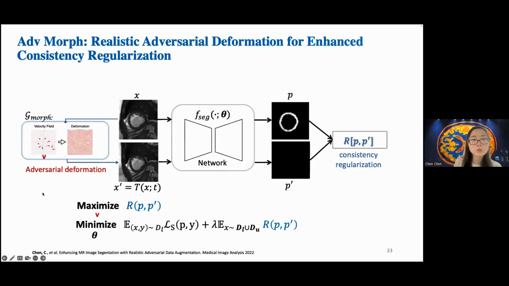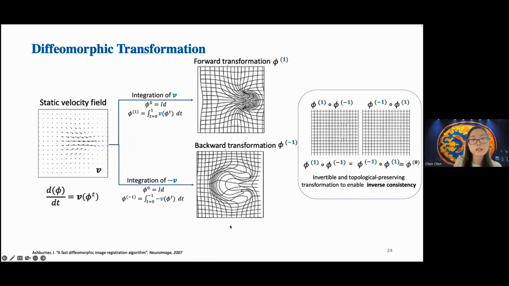Here we highly rely on a specific type of deformation, the so-called diffeomorphic deformation, which allows us to generate invertible deformation. Here are more details about such diffeomorphic transformation, where we assume that the deformation is controlled by a static velocity field.